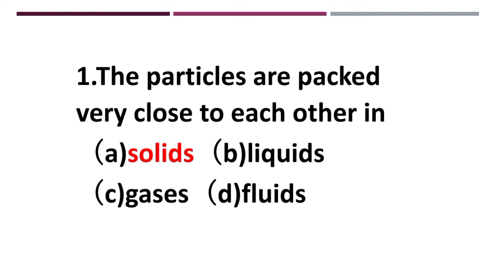Answer is option A, solids. So as you know, chair and book are examples of solids, and solids are substances in which the particles are packed very close to each other and therefore they are hard in shape.